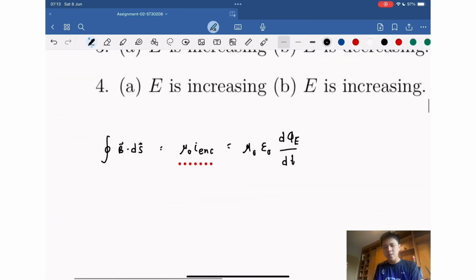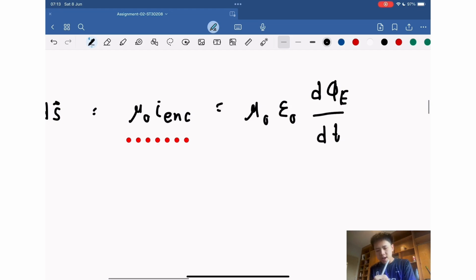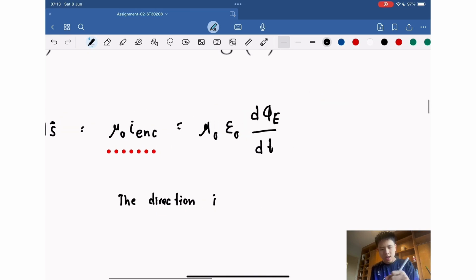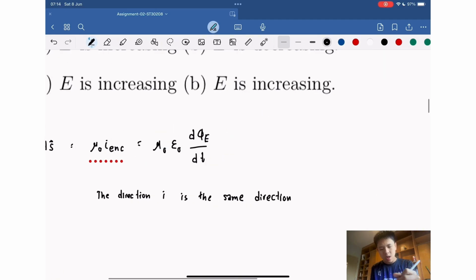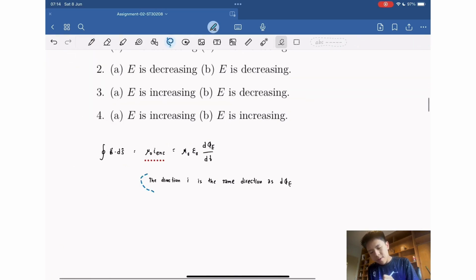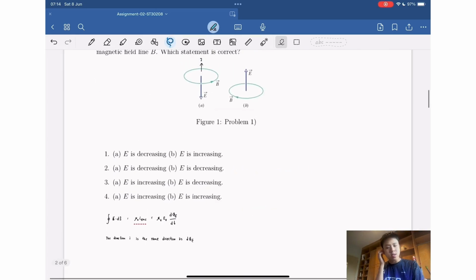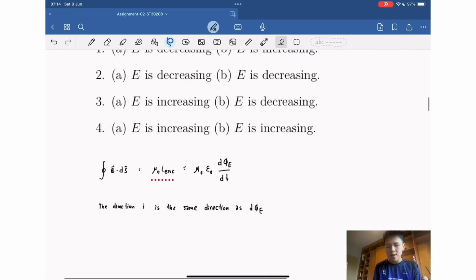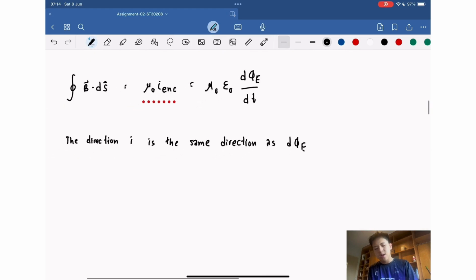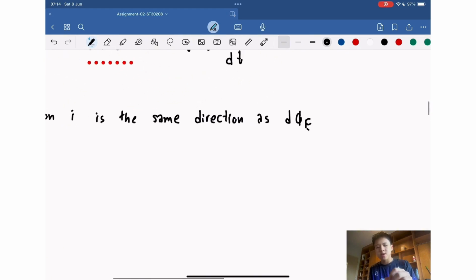And from this formula, the direction of I is the same direction as the flux, but in this question the area is constant, so we can imply that the direction of I is the same direction as dE.